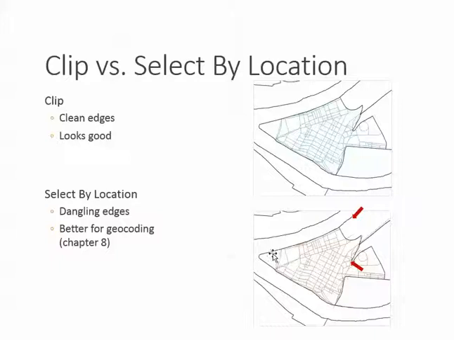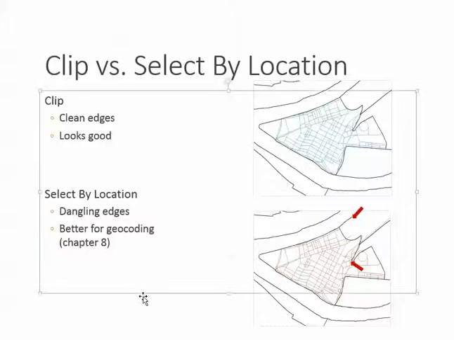So if this area was a census tract, and your entire population is really here, but your area of interest is over here, and you clip that census tract, all of the information that was in the attribute table of that census tract will come in, and you'll be reporting inaccurate data, because the partial census tract that you clipped will have information of a population that's really not there.